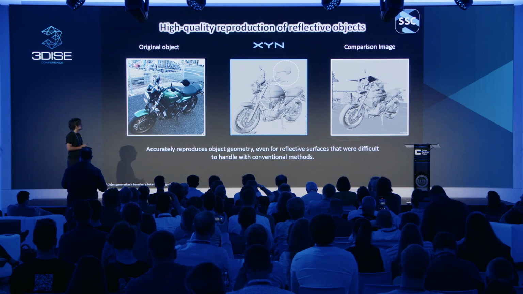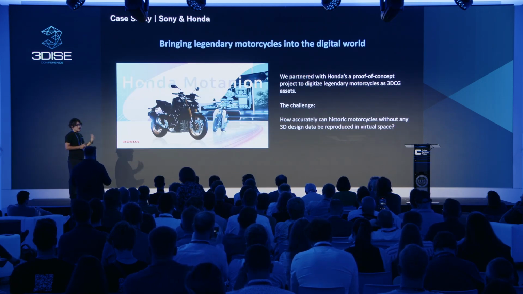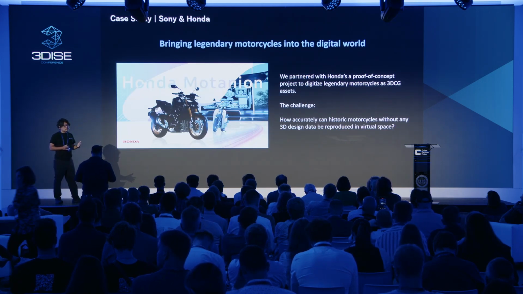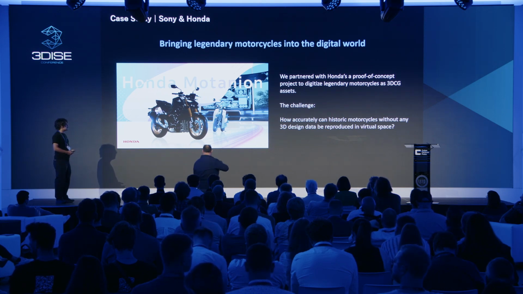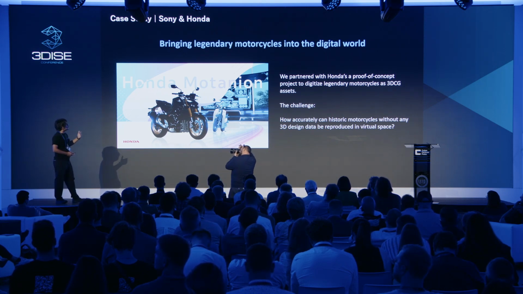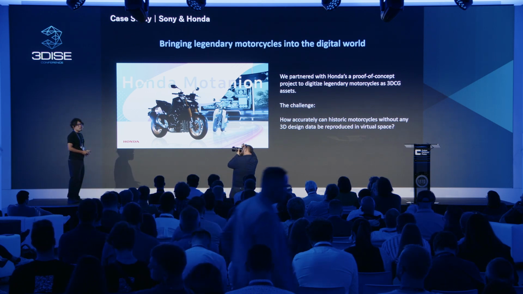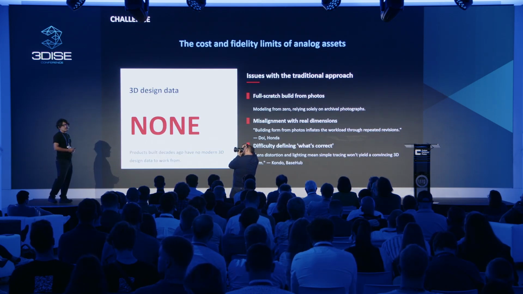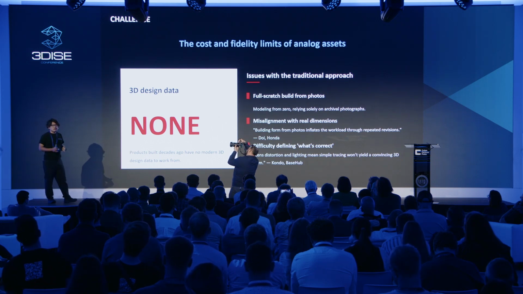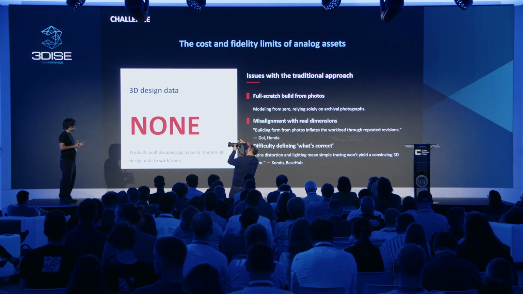It's ready to use. As a use case study, we worked with Honda, as a proof of concept project. Their challenge was that they wanted to digitalize legendary motorcycles, but they don't have 3D data because they are too old. They don't have any CAD data, so there's no way.